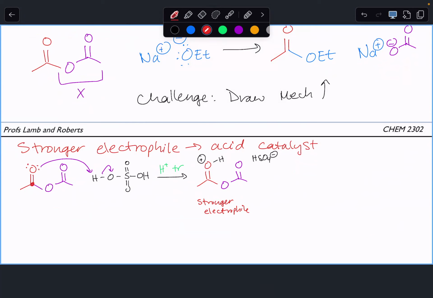We've activated our electrophile. We are now ready to do our addition step. So I'm going to have a neutral alcohol, so say isopropanol, for example. The nucleophilic part, the lone pairs on the oxygen of the alcohol, can now attack the electrophile, break the weakest bond. This is our addition step.